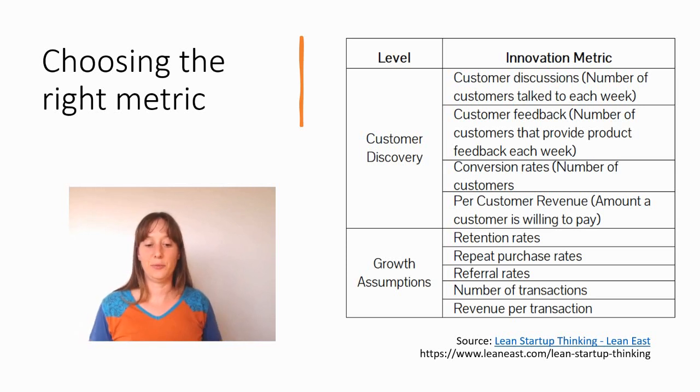And then afterwards, when you're growing and building your company, you get to retention rates, repeat purchase sales, referral rates. We'll get into referral rates in a moment, the number of transactions, and also the revenue per transaction. As you see, every time this metric becomes more precise, also more reliable.